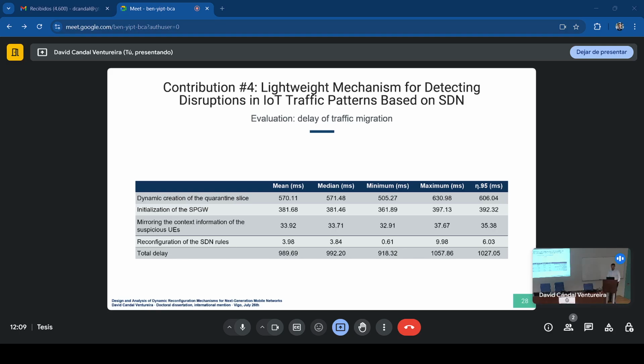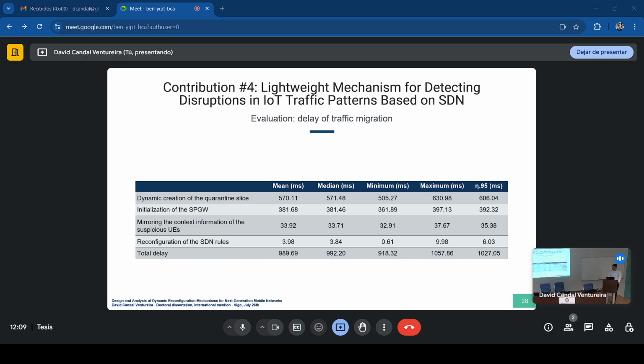Steering the traffic to the quarantine slice requires deploying the quarantine slice, which in LTE involves deploying an SPGW, and in 5G would be a UPF, and migrating the context information of the corresponding data sessions to the new node, and then setting the appropriate routes between the base station and the core network to forward the traffic to the original slice or to the quarantine slice.